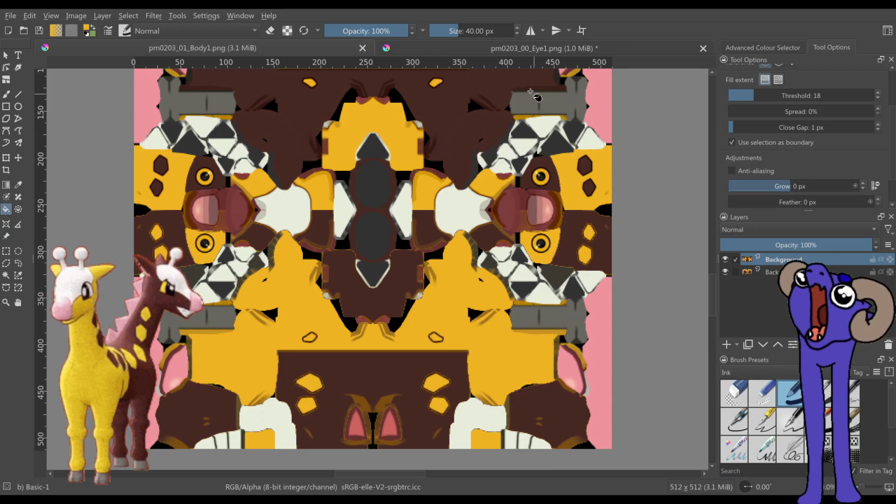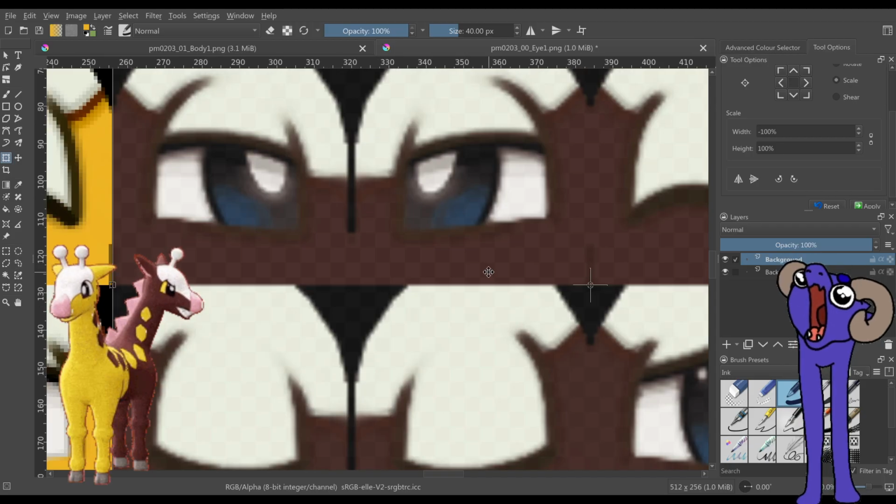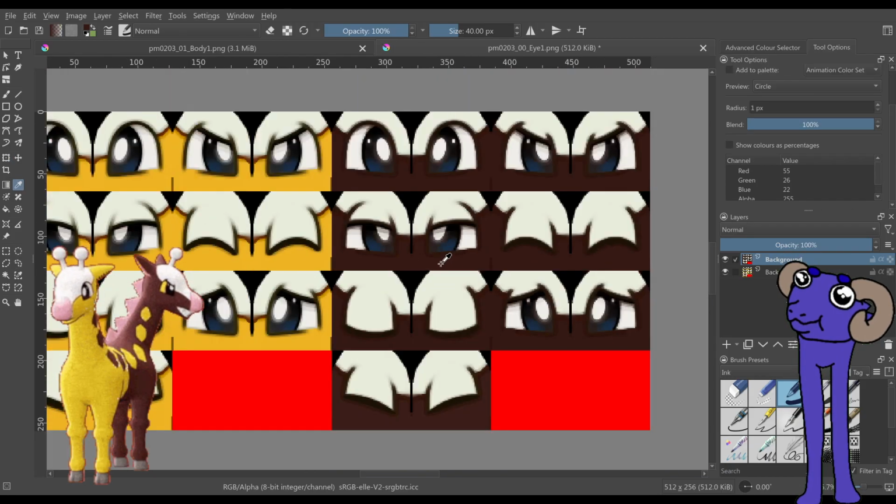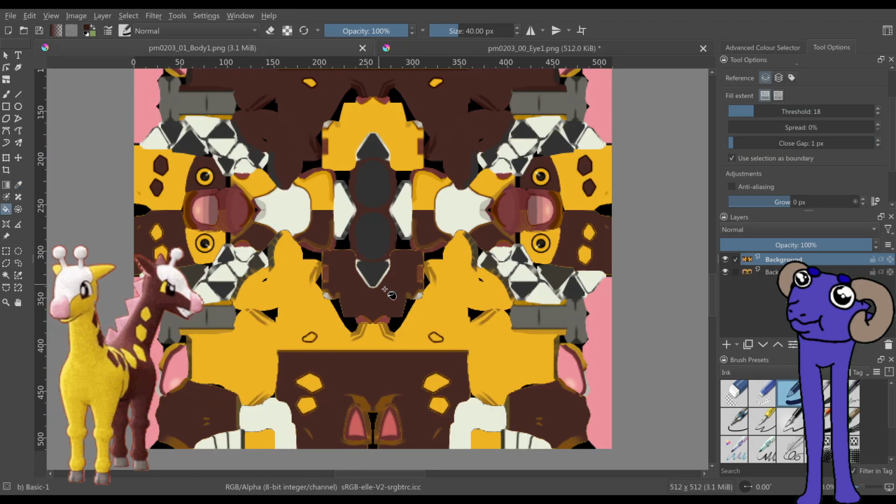How are the colours different? These ones are darker. There we go.